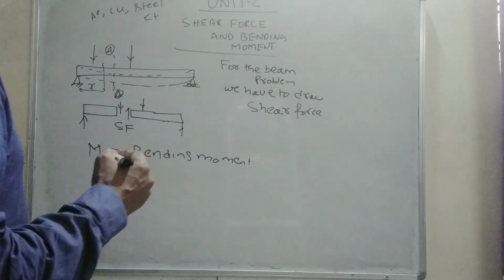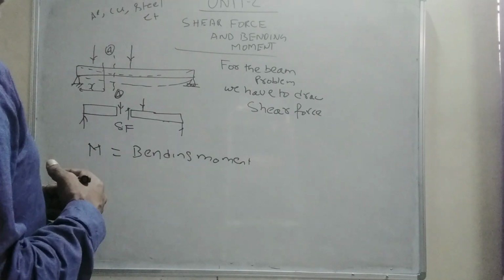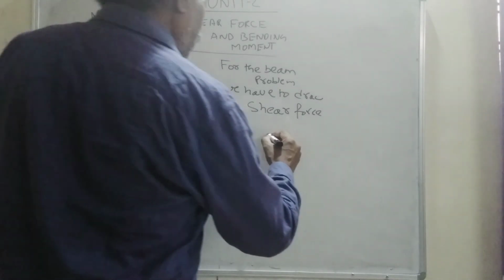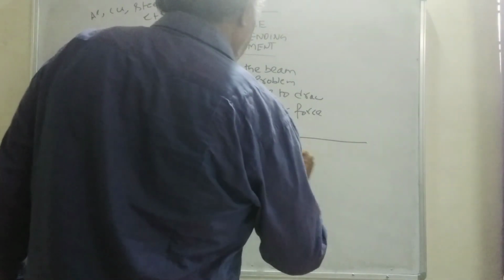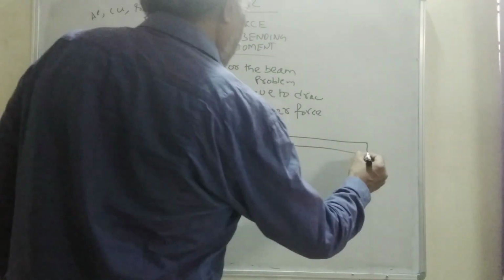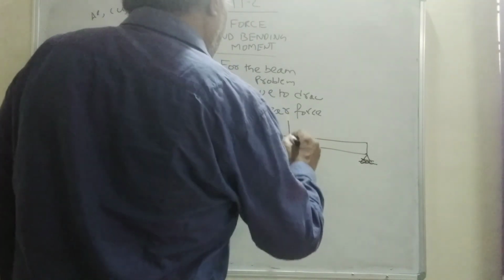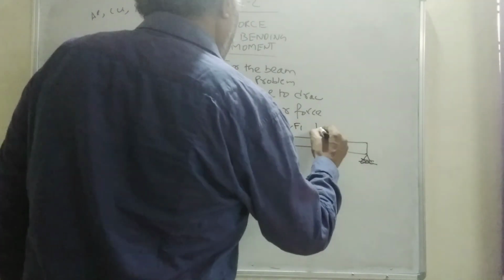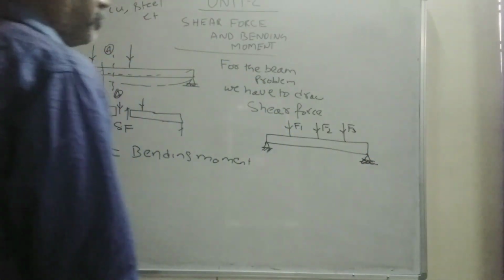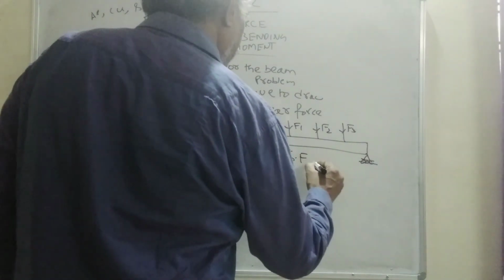Now, in unit number 2 of strength of materials, we'll see the different beams, like a simply supported beam, with one end fixed support and another one roller end, with several forces, F1, F2, F3, like that. For this, draw the shear force diagram and bending moment diagram.